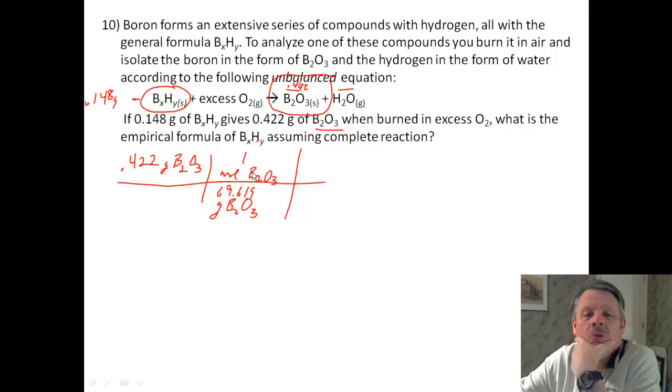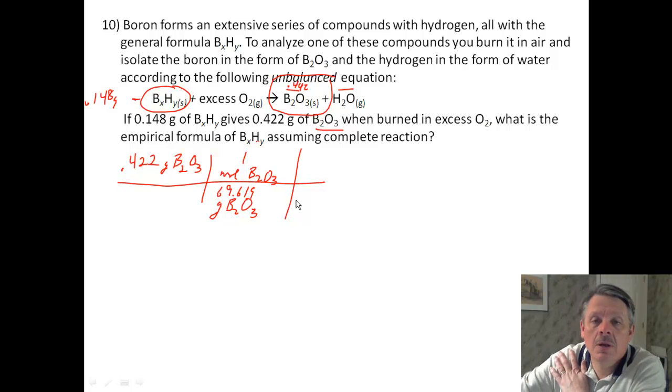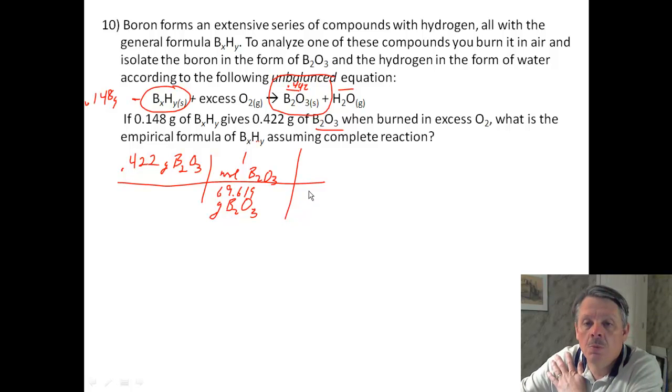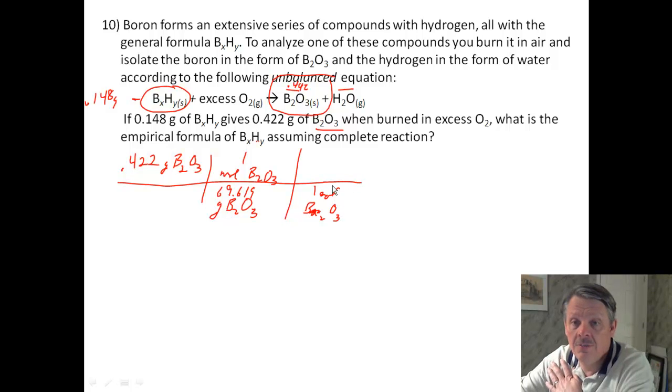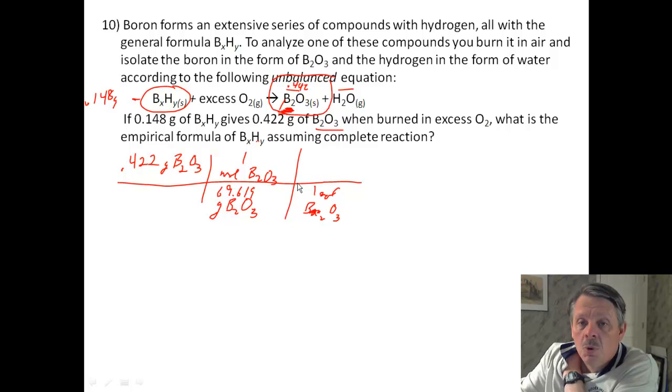We have moles of boron oxide, but we want moles of boron. So what we do is we say that 1 mole of boron oxide is going to give you, well, look right here, and we notice that we have 2 moles of boron in every mole of boron trioxide.